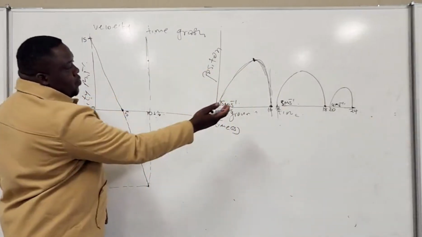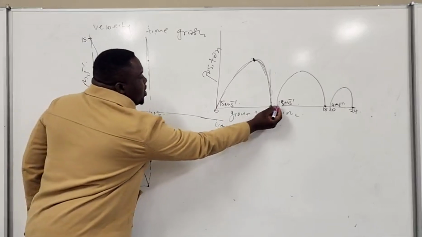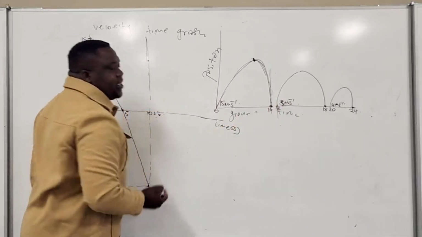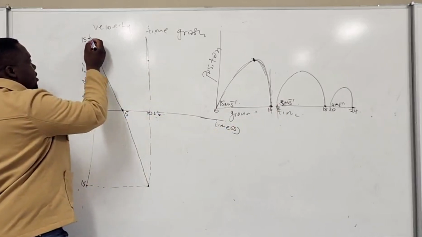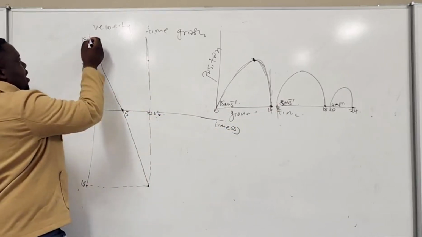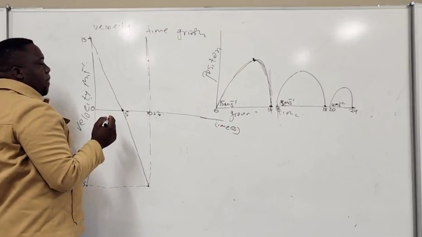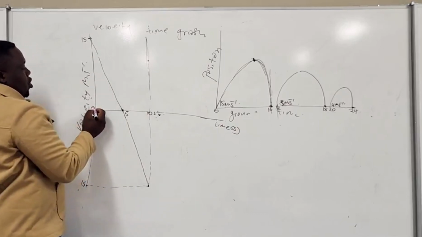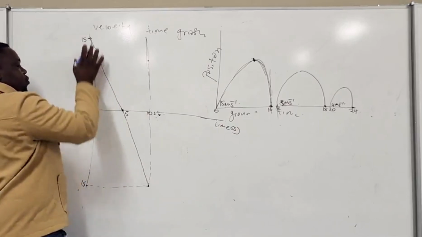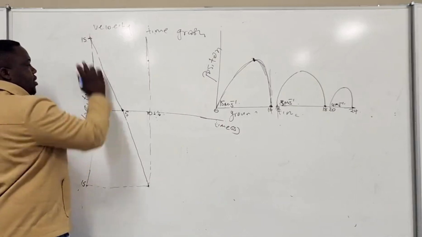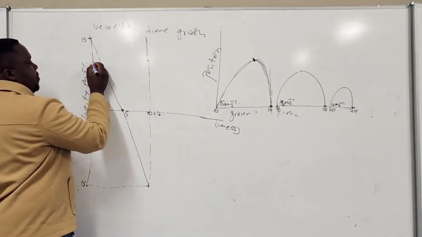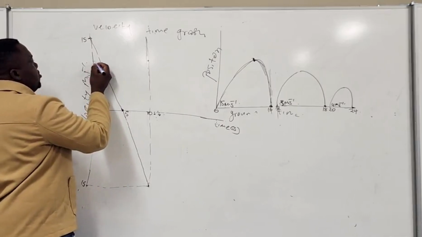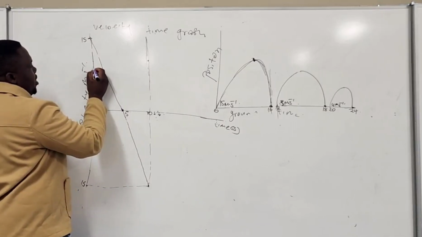So the ball bounces back and it went up at 8 meters per second, meaning that I must find the 8 meters here. You understand? So I'm going to make correct points by using my ruler. It means my 8 is somewhere here.